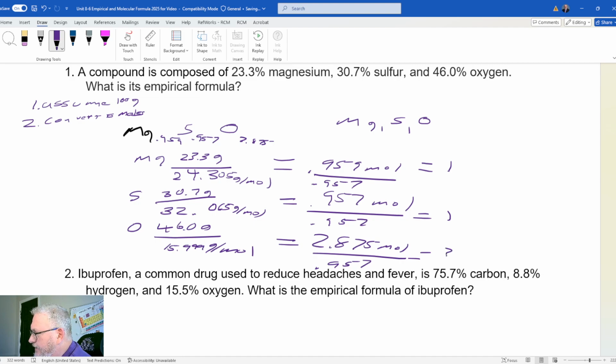All right, so that means that the smallest whole number ratio of this compound is MgSO3. I'm just using tricks, and that's all the empirical formula is, the smallest whole number ratio. So my answer would be MgSO3. I found the formula by using a trick.